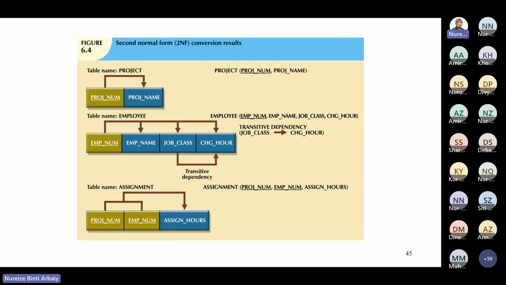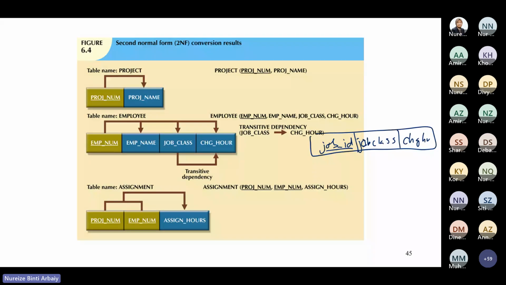In another solution, we can change the transitive dependency like this. We create a new job ID, and then we have the job class, and then the charge hour. This also can be done, and we introduce a new key, job ID, as a primary key to solve the transitive dependency.